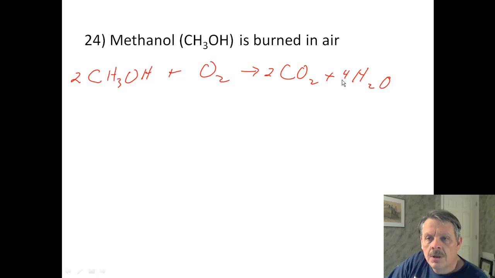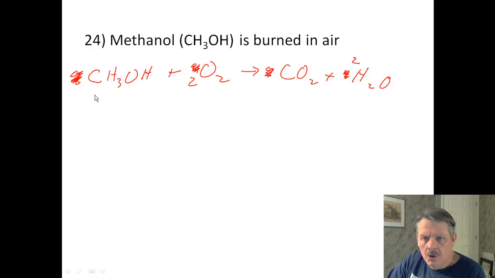Did I do that right? We have 4 O2s. Is that right? Oh, we shouldn't have done that. So we shouldn't have doubled anything. So that should be a 1, and that should be a 2, and that should be a 1, and that should be a 2. Let's make sure this works. We have 1 carbon, 1 carbon.